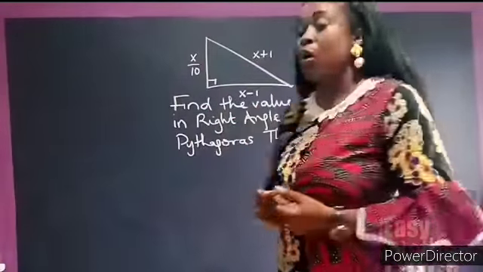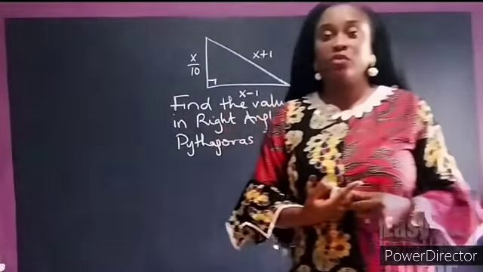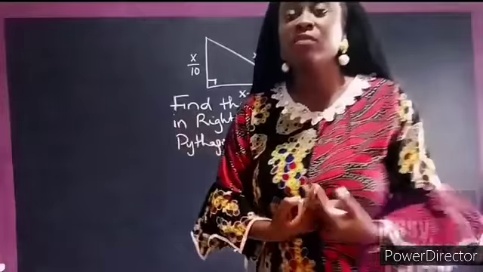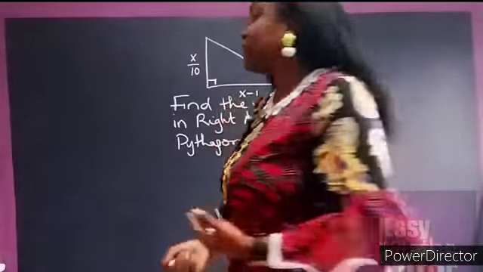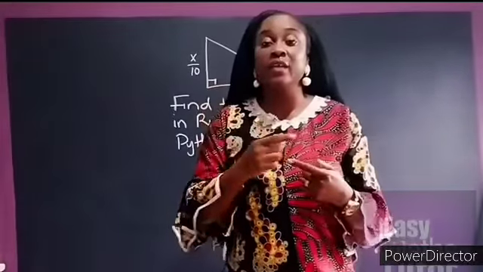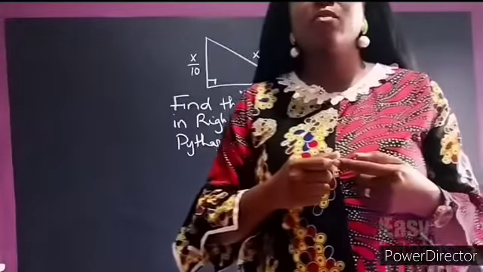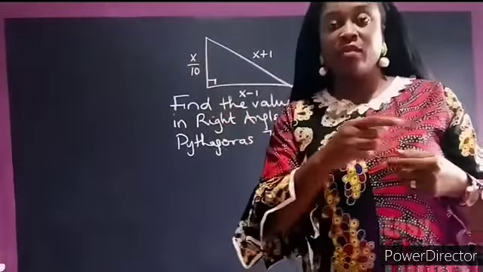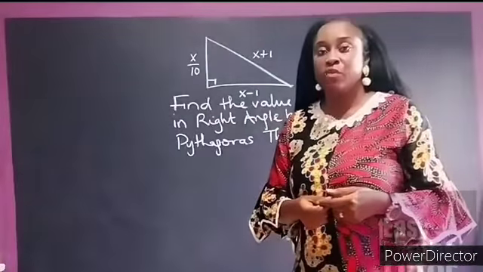And that law is known as the Pythagoras Theorem. So what does the Pythagoras Theorem state? Pythagoras Theorem states that the sum of the square of the 2 sides of the right angle triangle is equal to the square of the hypotenuse of the same triangle.